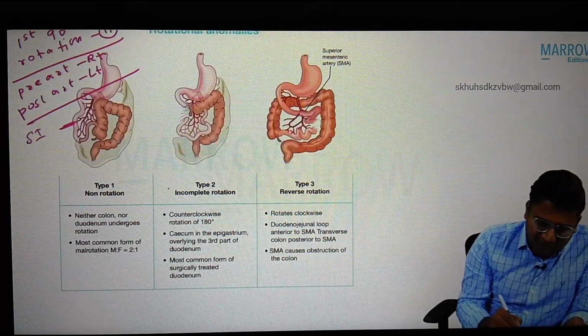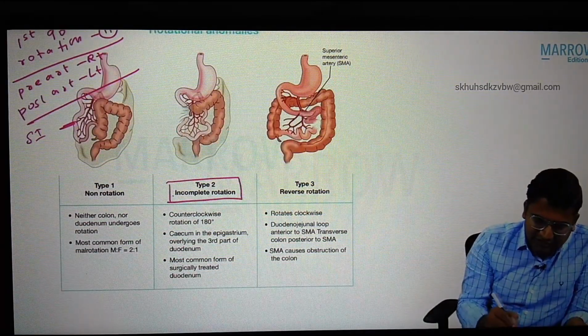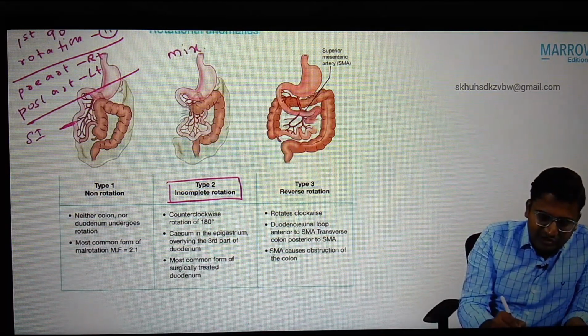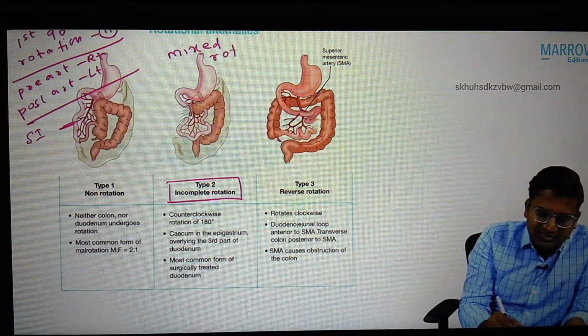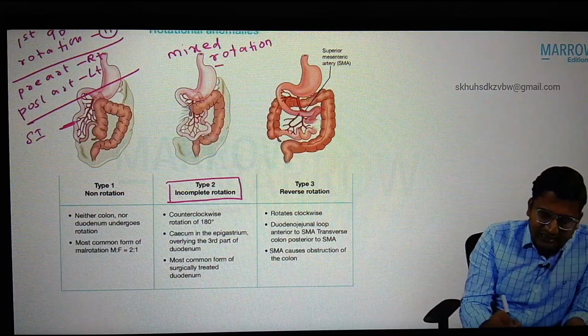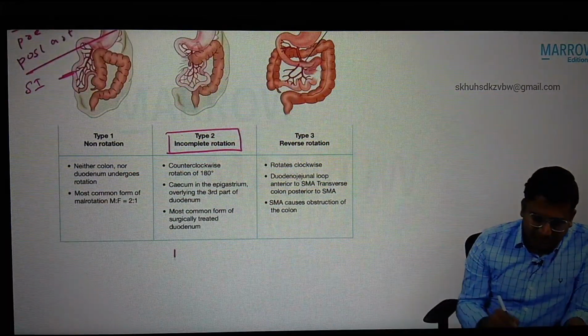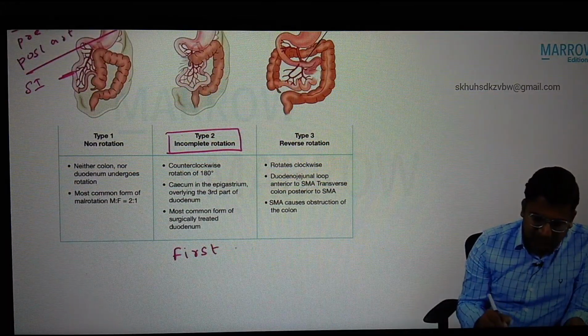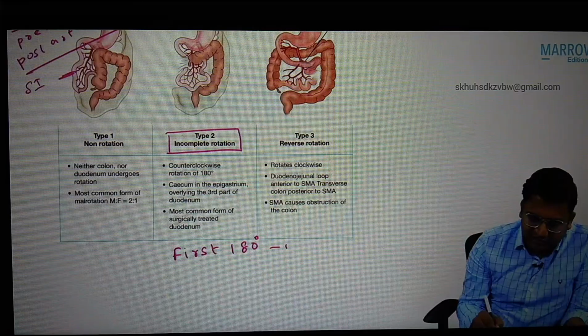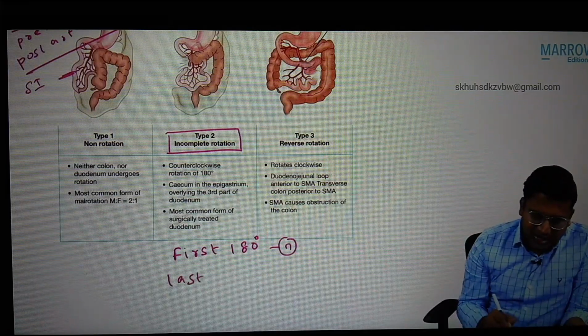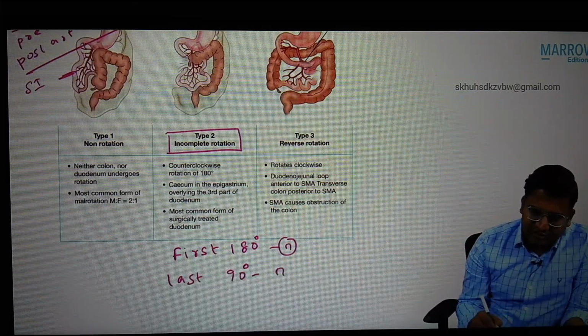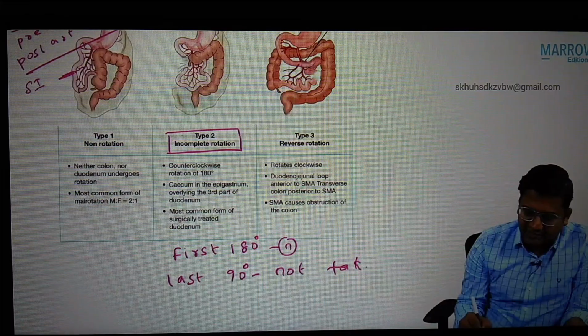Now the second one, incomplete rotation, otherwise known as mixed rotation. In mixed rotation, the first 180-degree rotation is normal. The last 90-degree rotation will not take place.